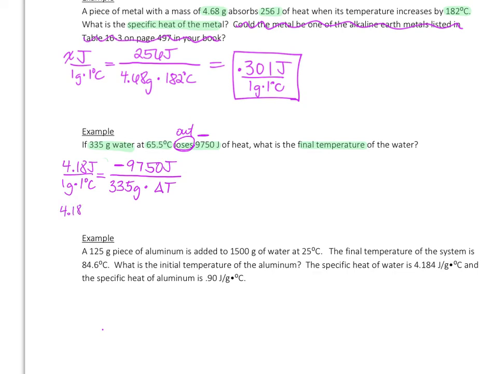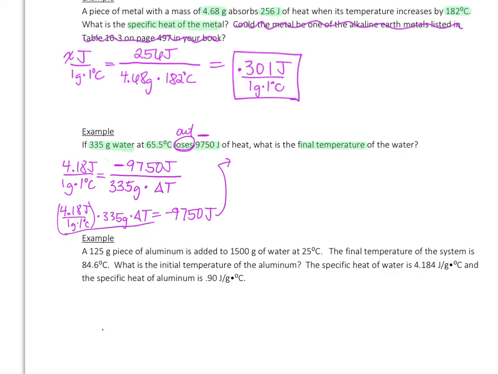4.18 joules, 1 gram, 1 degree Celsius. We're going to multiply the 335 grams and the delta T to get them out of the bottom and set that equal to our energy in joules. Move this up here.